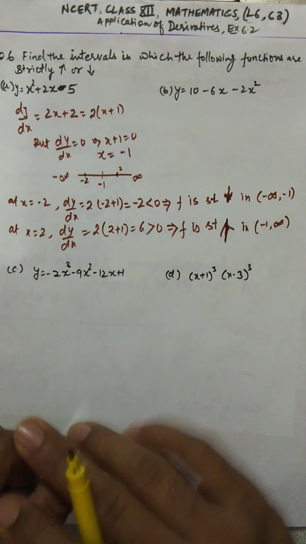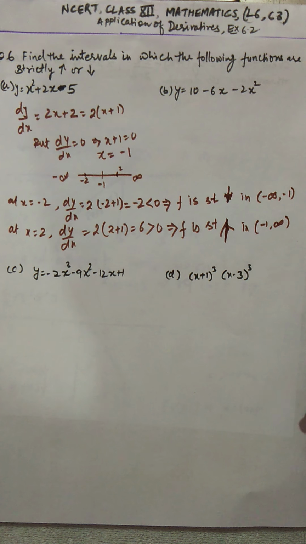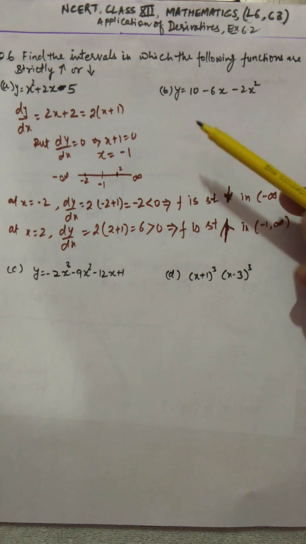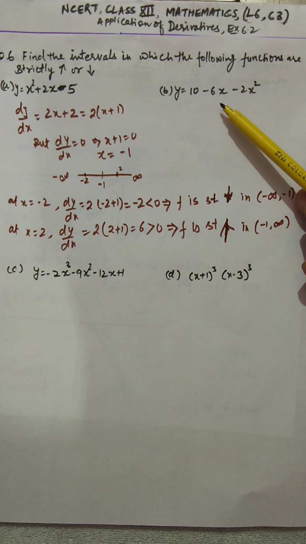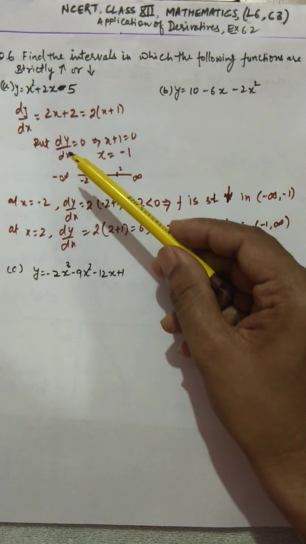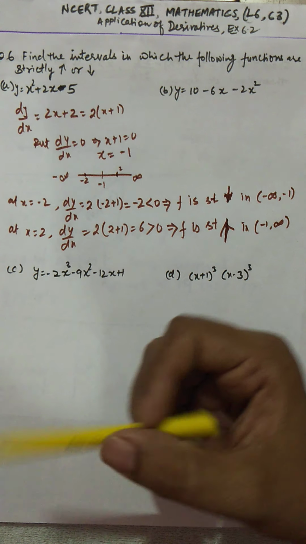So this way we can find the intervals in which the functions are increasing and decreasing. Now this part you'll be trying yourself, and you have to first find the critical point, or you can say the point at which your dy by dx will be 0.